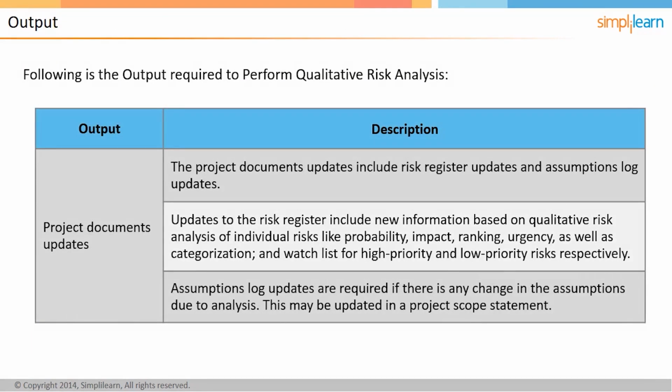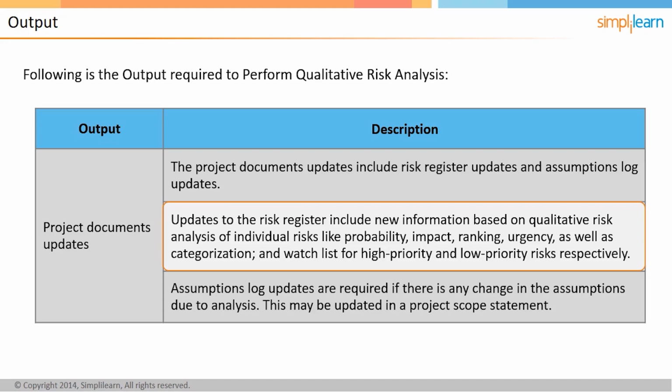The project document updates, which form the output of the Perform Qualitative Risk Analysis process, include Risk Register updates and Assumptions Log updates. Updates to the Risk Register include new information based on qualitative risk analysis of individual risks, like probability, impact, ranking, urgency, as well as categorization.